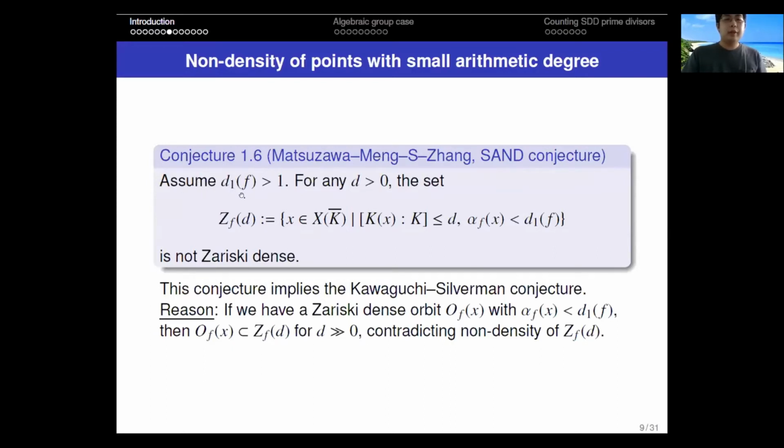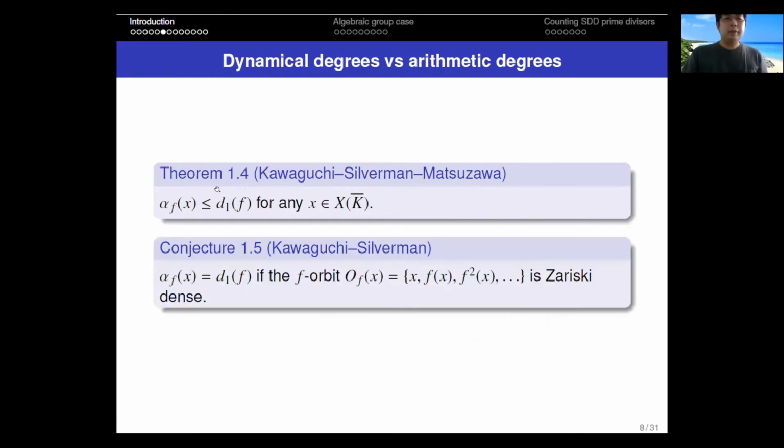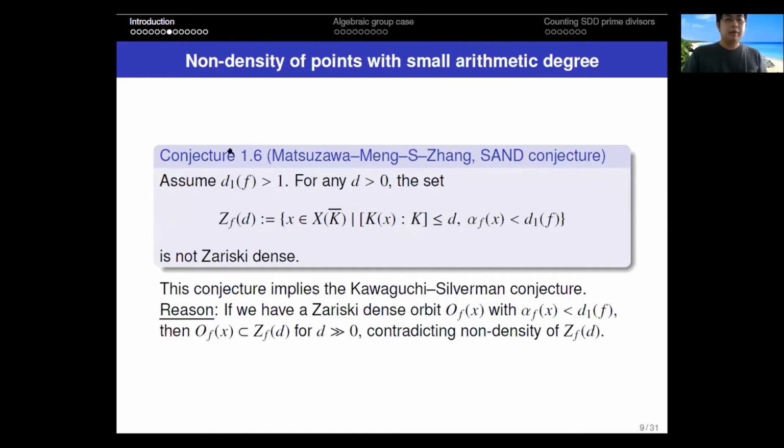First, assume that the first dynamical degree is larger than 1. I explain about it. If the first dynamical degree is equal to 1, then all arithmetic degrees are equal to 1 by this inequality, so this case is trivial. So we assume this condition and take any positive number d.